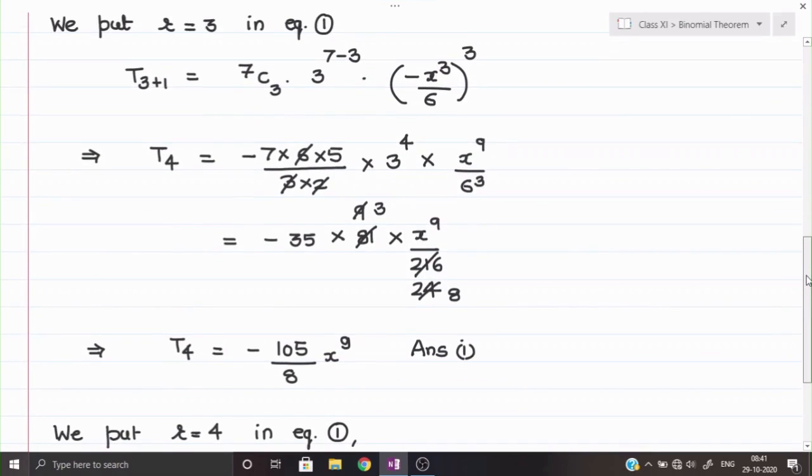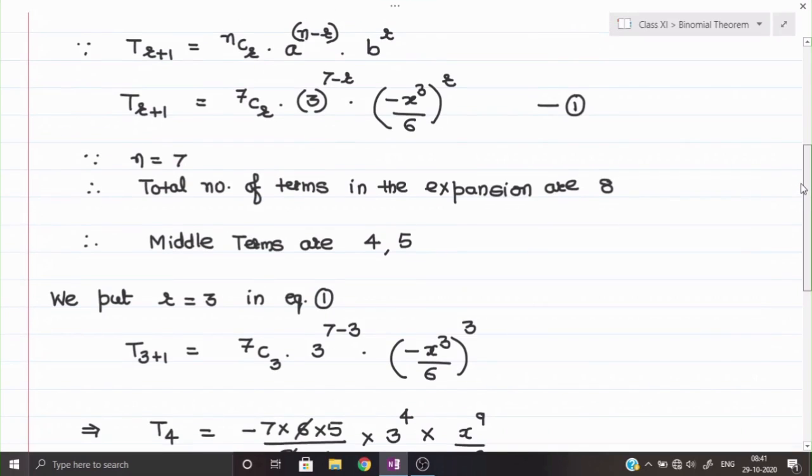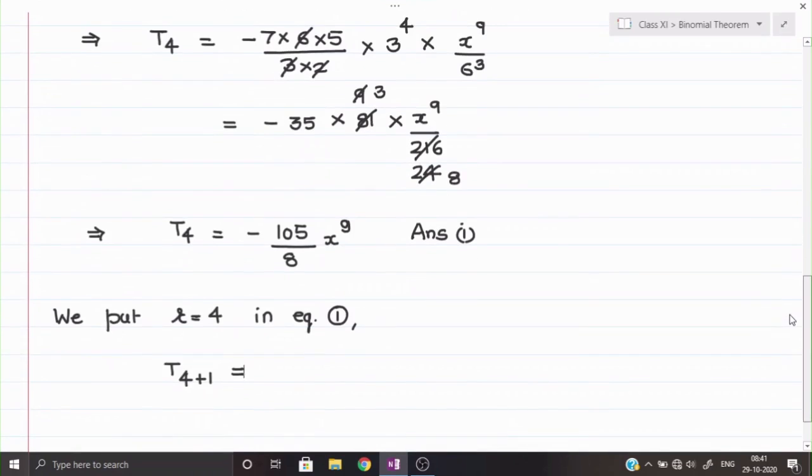The first term is 7Cr, then 3 to the power of 7 minus r, then minus x cubed upon 6 whole power r. So this will become 7C4 into 3 to the power of 7 minus 4 into (minus x cubed upon 6) whole power 4, because the value of r is equal to 4 now.